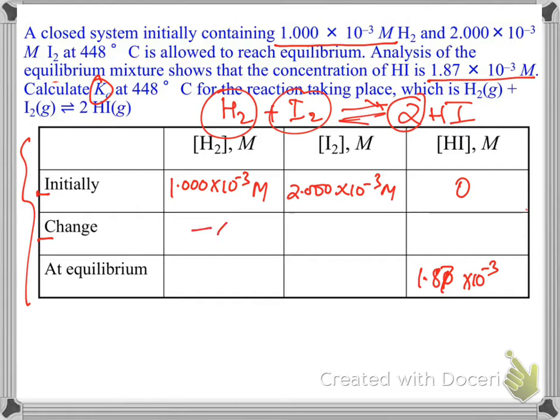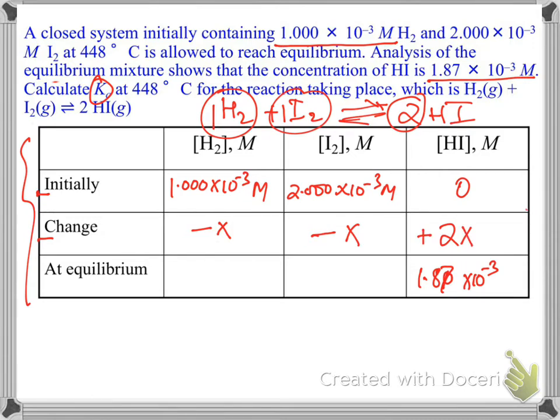So we're going to put negative x here. Why did I put negative? Because it's getting consumed. Look at the stoichiometric ratio, 1:1. So that means for every x moles of hydrogen, you need x moles of iodine. And since again it's a reactant getting consumed, it has to be a negative sign. And for every 1 mole of each reactant, you're making 2 moles of product. That means it is plus 2x.